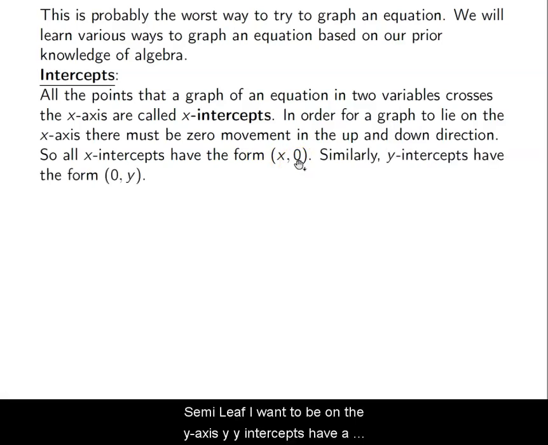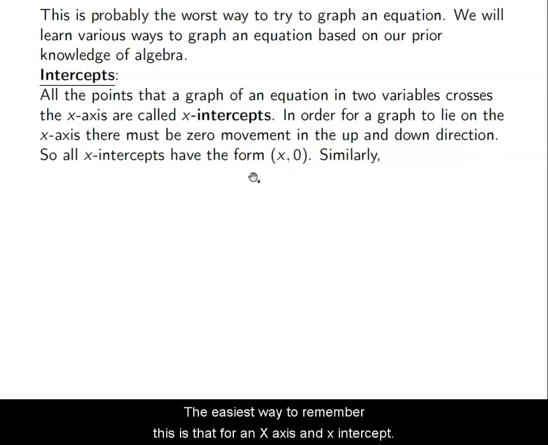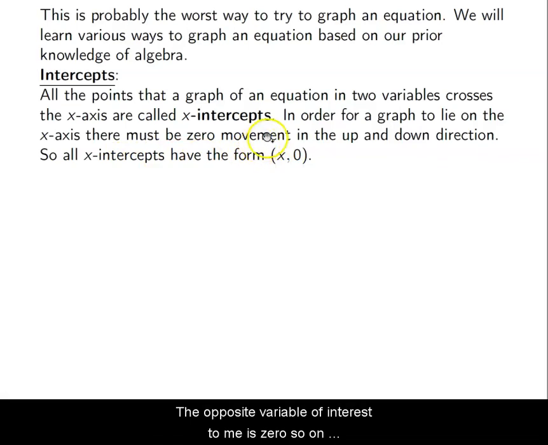Similarly, if I want to be on the y-axis, my y-intercepts have a form with no movement left or right, but I do have up or down movement. So the easiest way to remember this is that for an x-axis, an x-intercept, the opposite variable of interest to me is 0.